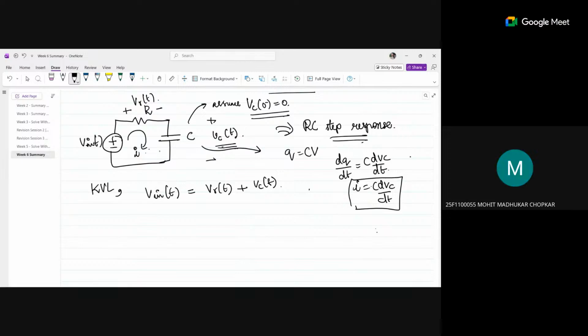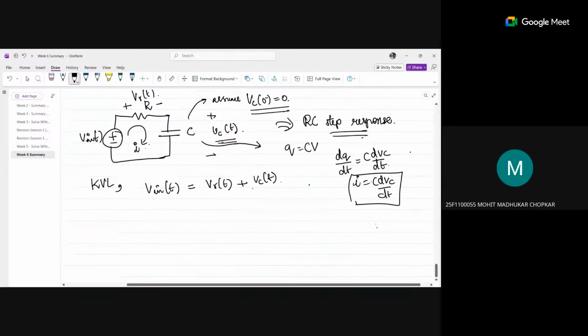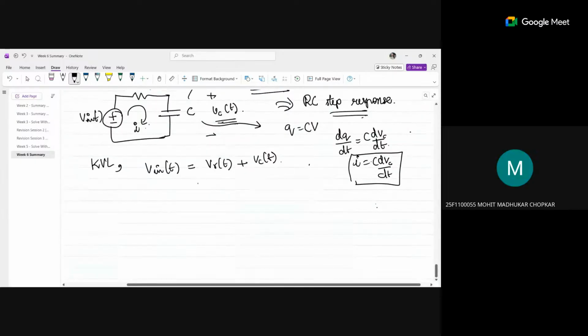In the formula, I equals C dV by dt, this is C subscript of V. That is the voltage across the capacitor. Since it is across the capacitor, I am using that small c to represent that.